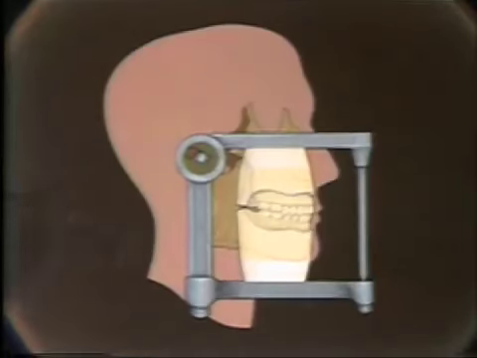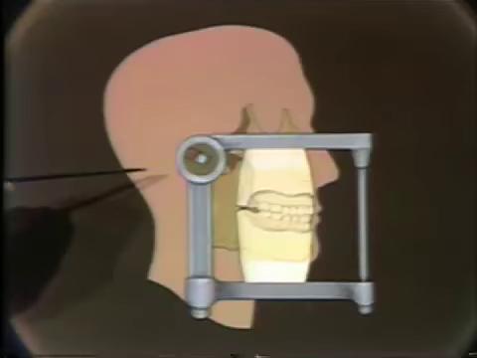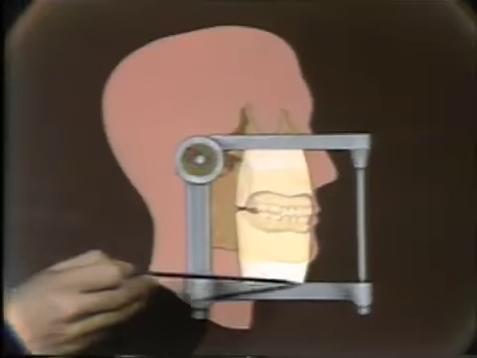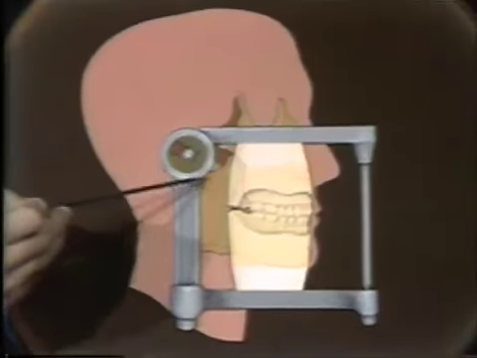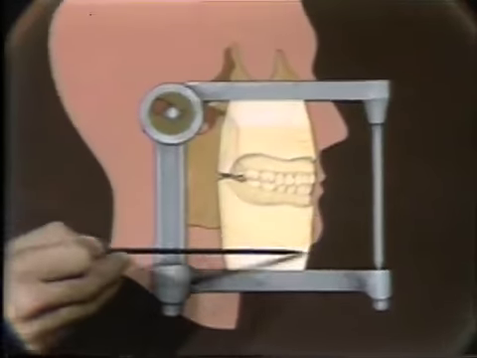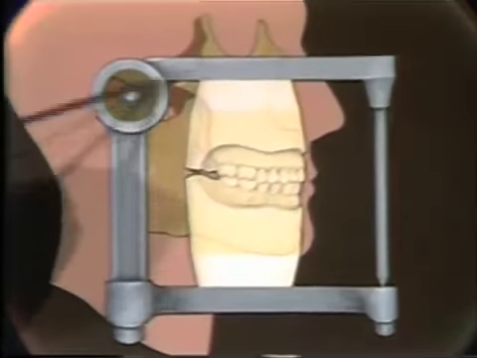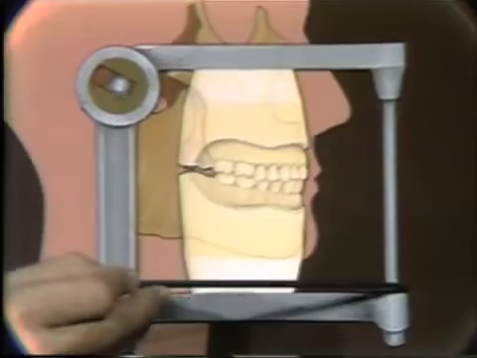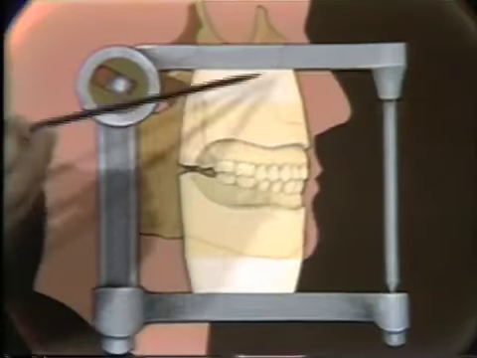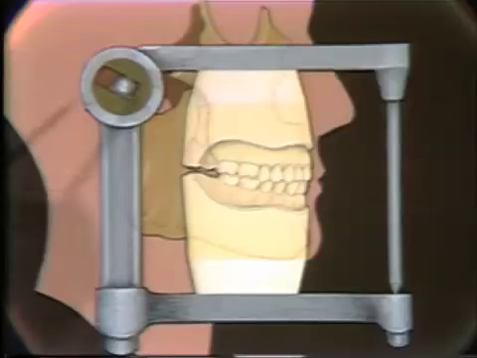Superimposed on the graphic illustration of the skull is a graphic illustration of an articulator. The lower member of the articulator represents the mandible of the patient, and the upper member of the articulator represents the maxilla of the patient.